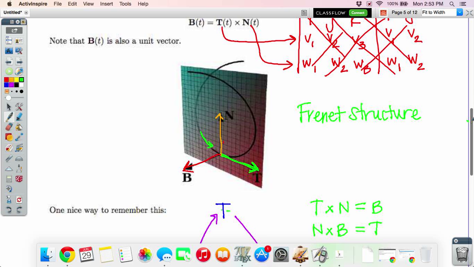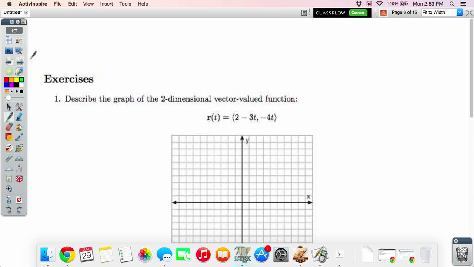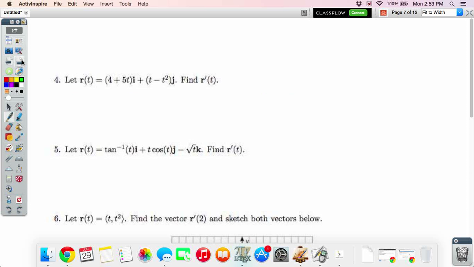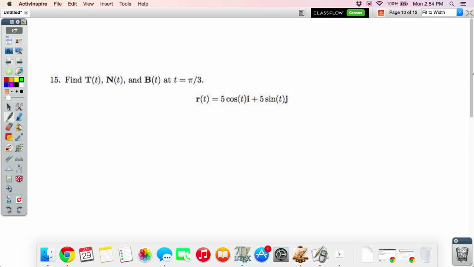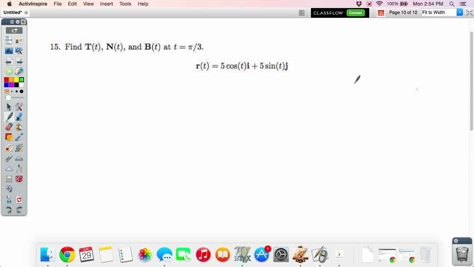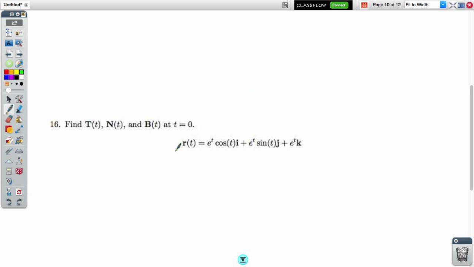And now that we've talked about the tangent, the normal, and the binormal vectors, you're pretty much ready to do all the exercises on here. I think the last two, numbers 15 and 16, are just asking you to find tangent, normal, and binormal. The first one is a 2-component vector, and the second one is a 3-component vector, and you'll start by finding the tangent, then normalize it, which might make it a little bit uglier, but that's okay.